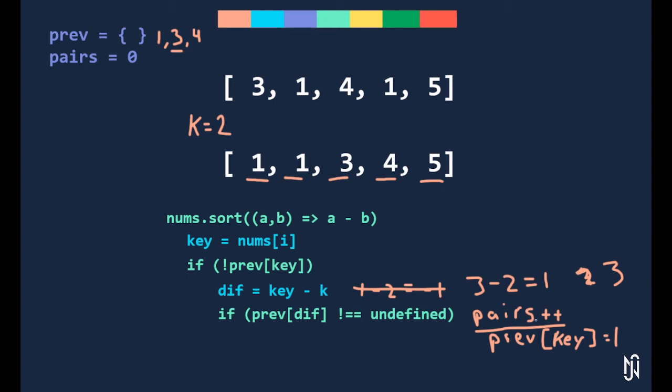So we're going to increase our pairs by 1. And then, although it's unnecessary, we will be adding 5 to the previous object, and we're going to give it a value of 1. And at the end of this, our pairs will have a value of 2, which is the output we are looking for.